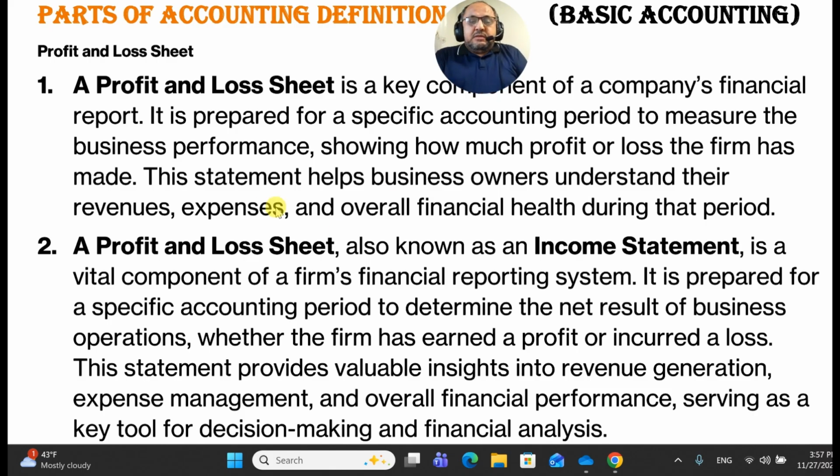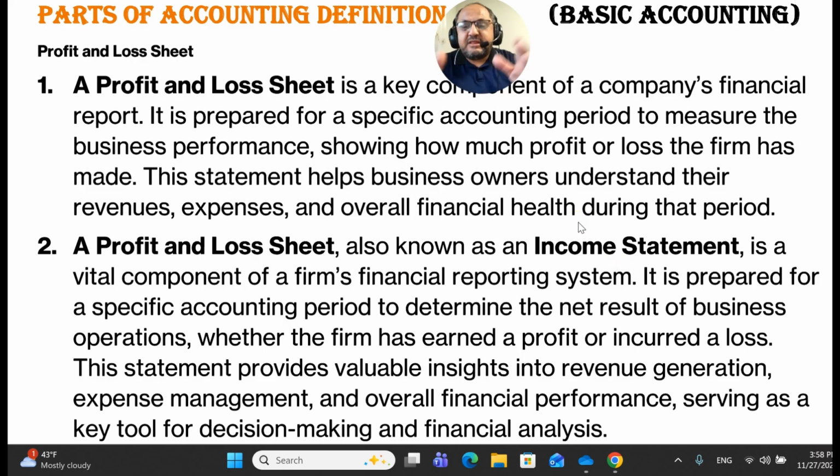So the profit and loss sheet plays a crucial, important role in preparing the next year's budget. A profit and loss sheet is also known as an income statement. What does it mean? Your income during a specific time frame: 1 month, quarterly, 6 months, annually. What is your income? You're in profit or you're in loss.